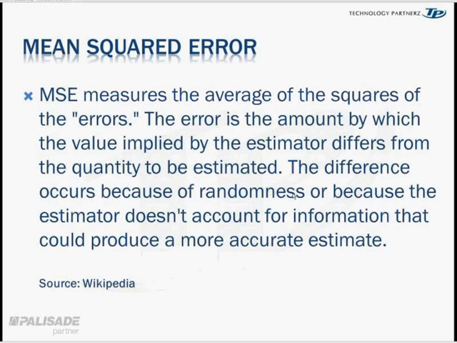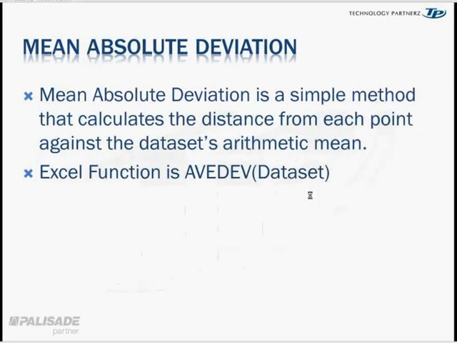It's also very good because it works at a level where randomness is used. Mean absolute deviation is simple, and you actually have an Excel function for it. All it does is look at each data point and at the difference it has against the arithmetic mean. It's a very simple process.